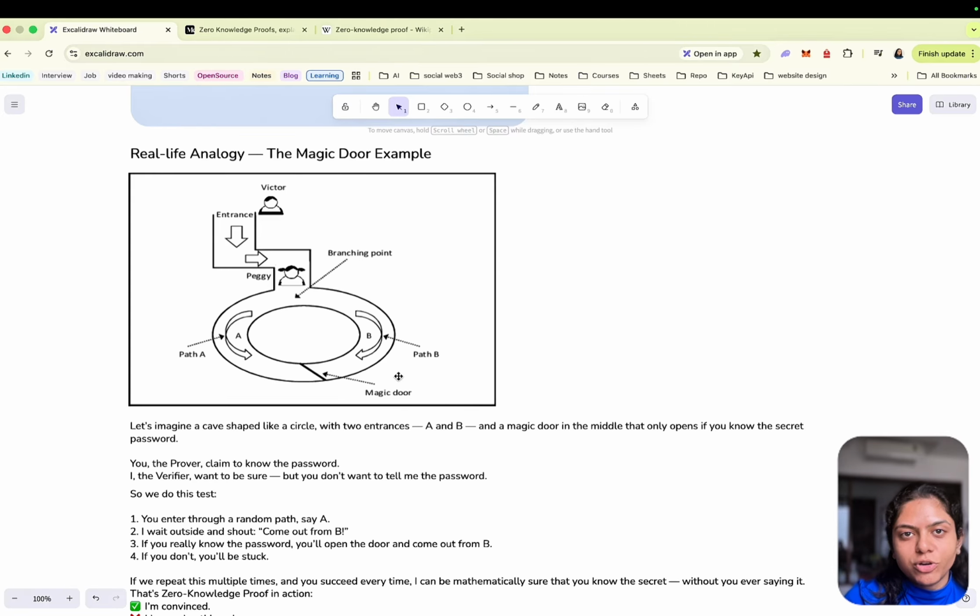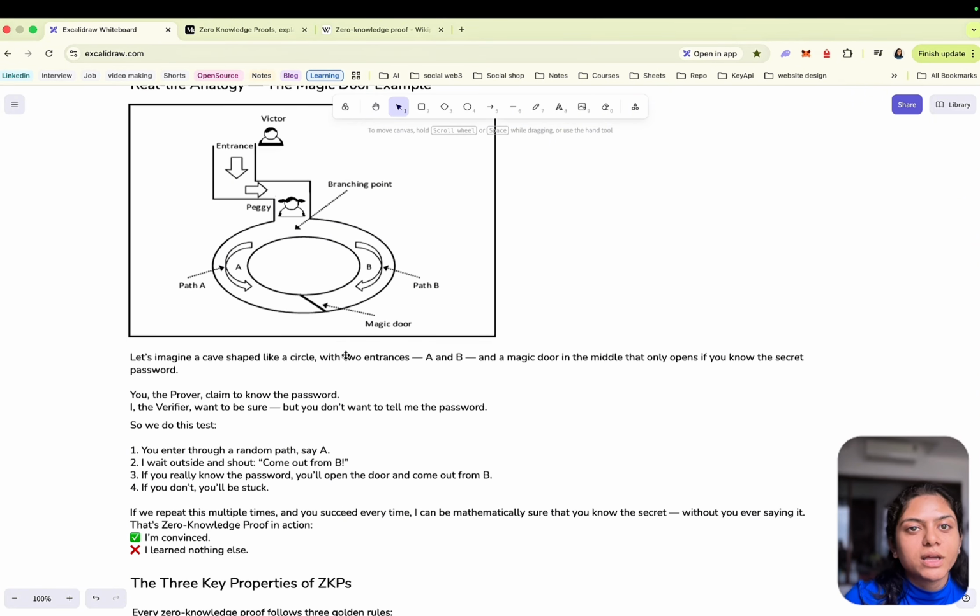This all repeats multiple times. If she does it properly every time, then Victor can be mathematically sure that she knows the secret without her even saying it. Peggy doesn't say the password, but she comes out the proper way, so she knows the secret. This is how ZKP works.